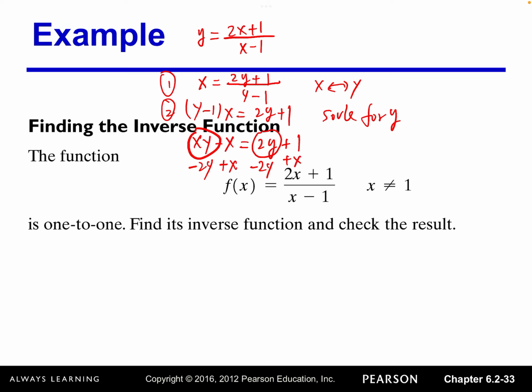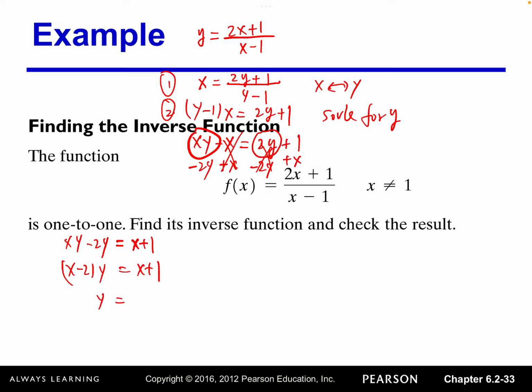And then we have xy minus 2y, right? And then this one cancels, and on the right-hand side we have x plus 1, right? And then we factor y out: x minus 2 times y equals x plus 1, and then divide both sides by x minus 2.